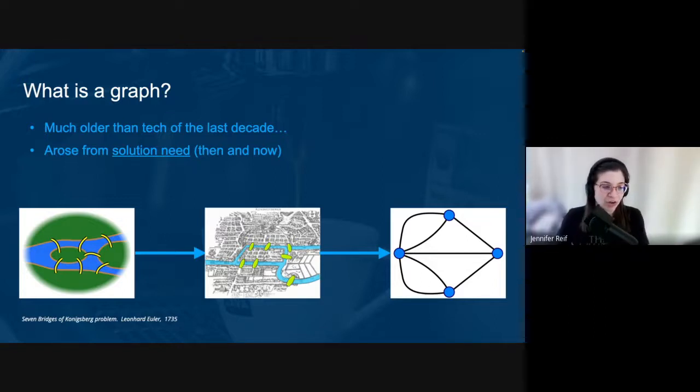But he wanted to solve the Seven Bridges of Königsberg problem, a puzzle where you had 4 land masses in the city of Königsberg, Prussia at the time, and 7 bridges that connected those 4 land masses. The puzzle was whether you could cross each of the 7 bridges, not overlap your path, and come back to the starting point. This puzzle actually is not solvable.